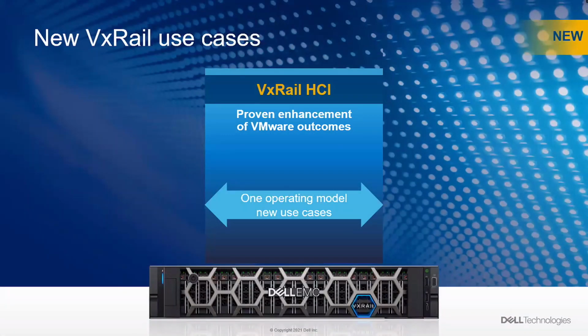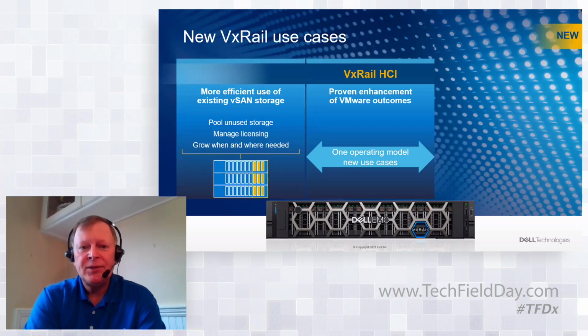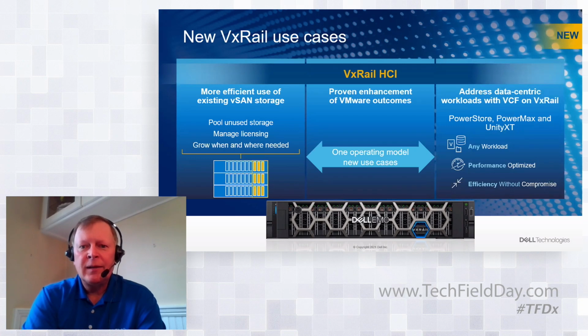So now we have one common operating model. Dependent upon what you choose for your storage type, you have this common operating model. So it could be HCI mesh, where you can share storage across vSAN clusters, or with our external storage array, PowerStore, PowerMax, and Unity XT.